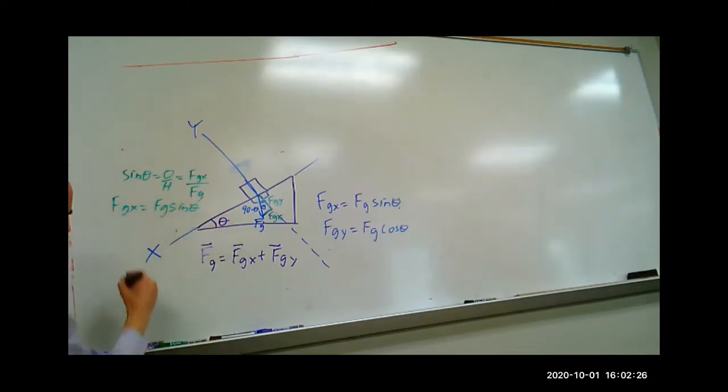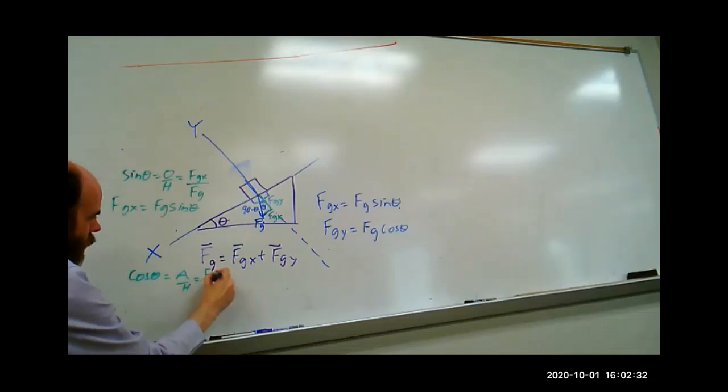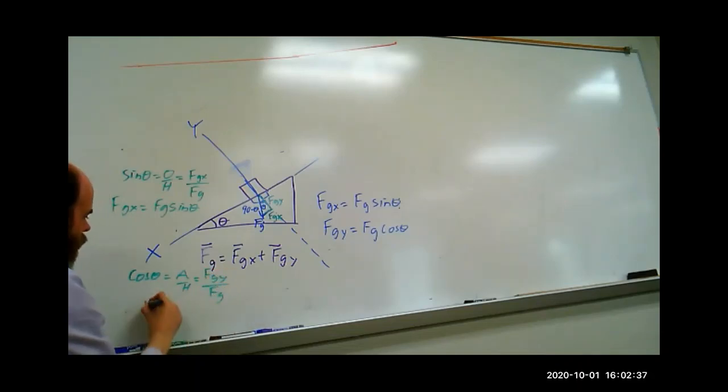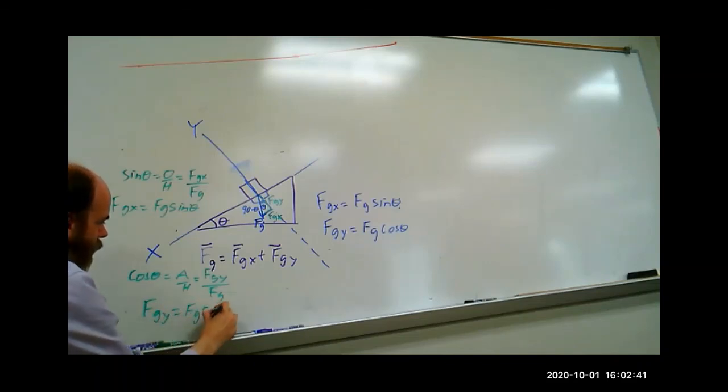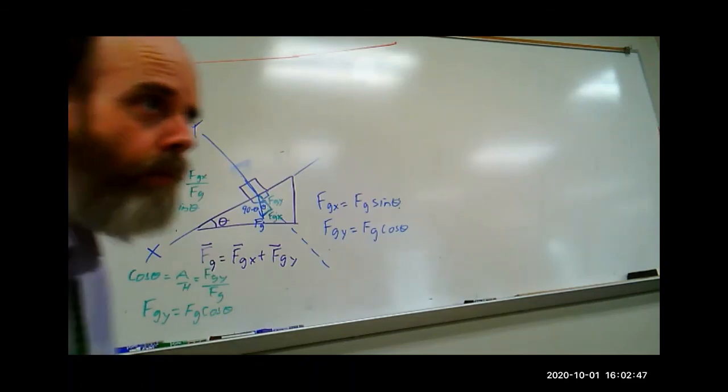Then we could also do cos theta is adjacent over hypotenuse, which is Fgy over Fg. So Fgy equals Fg cos theta. So that's how we could get those components.